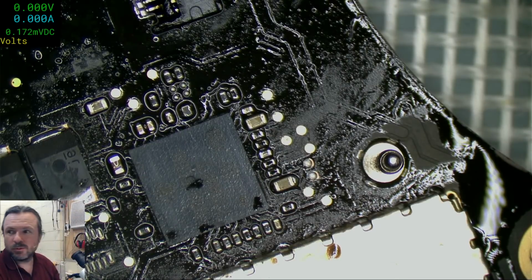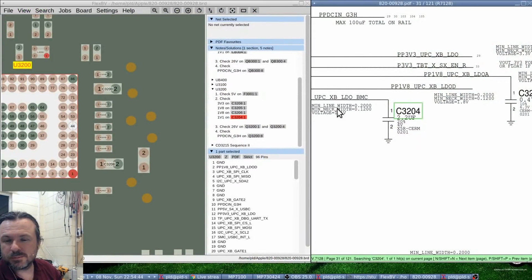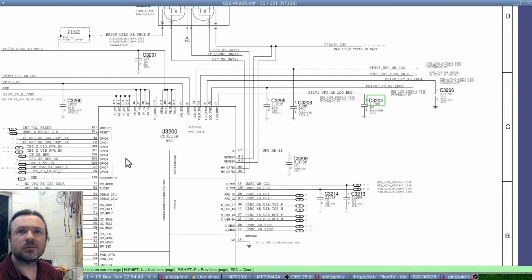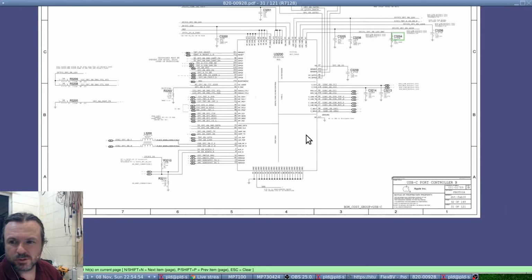Alright, so if we're looking at Thunderbolt communications in that case, since we all want to suddenly do that, oh, let's see, the ROM you say.